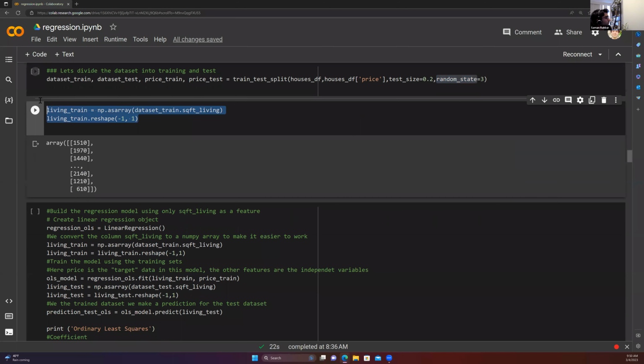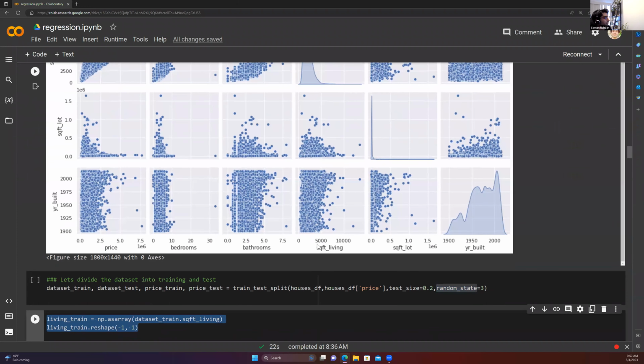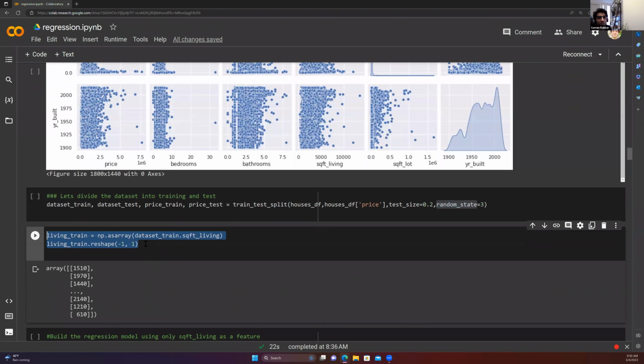Again, although I won't go into this, in order to present the data points, for example, the attribute that you have, which in this case is, again, square foot living, you have to do some pre-processing. You have to convert usually to NumPy arrays for the model to be able to get trained on that feature.